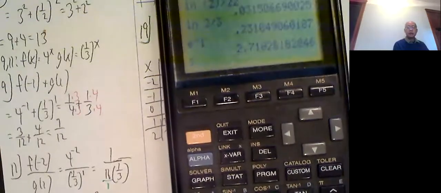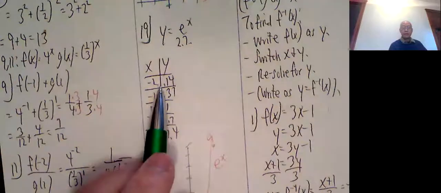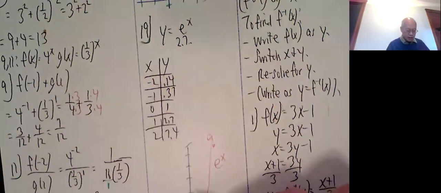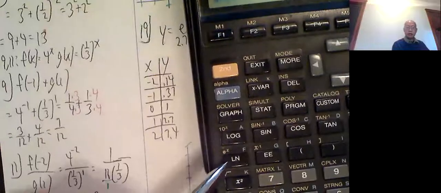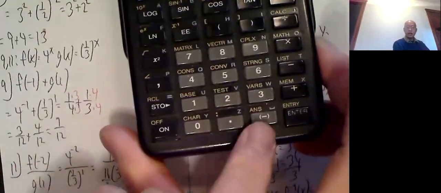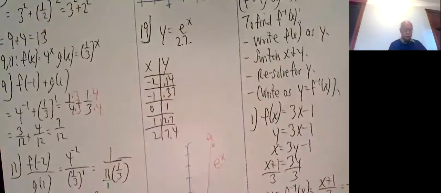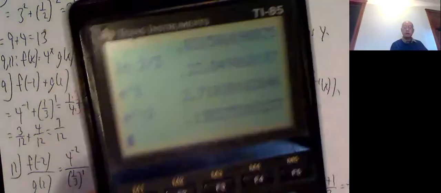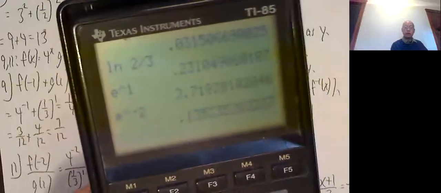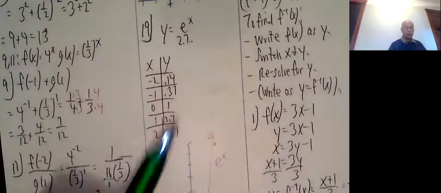So e is about 2.7. And if I want, let's say, e to the -2, I'm going to hit second function e to the x, second function, e to the negative. Negative button is down here. So that gives me e to the -2. Press enter. It's about 0.135, call it 0.14.